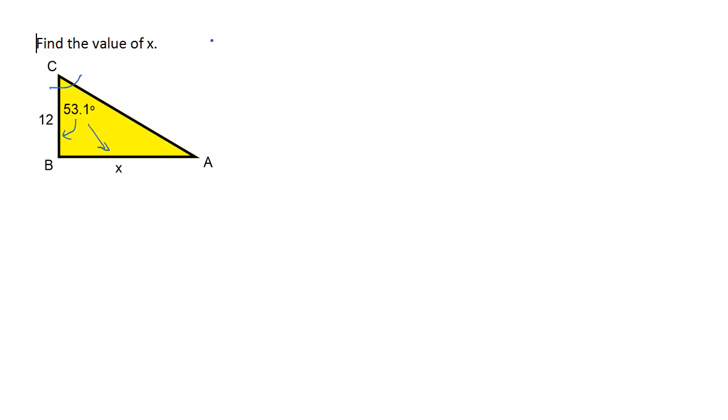Tangent does. So we're going to use our tangent ratio. So tangent of our angle, in this case angle C, is equal to opposite over adjacent. Now we can just plug in our values. So tangent of angle C, which is 53.1 degrees, equals opposite, which is x, divided by adjacent, which is 12.